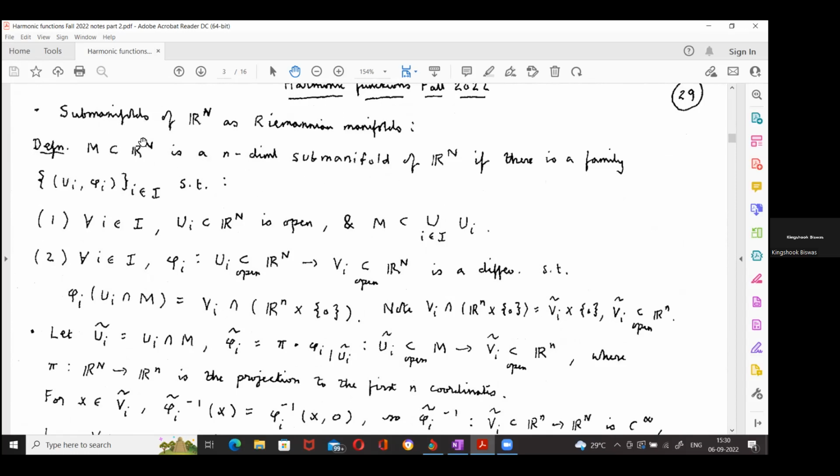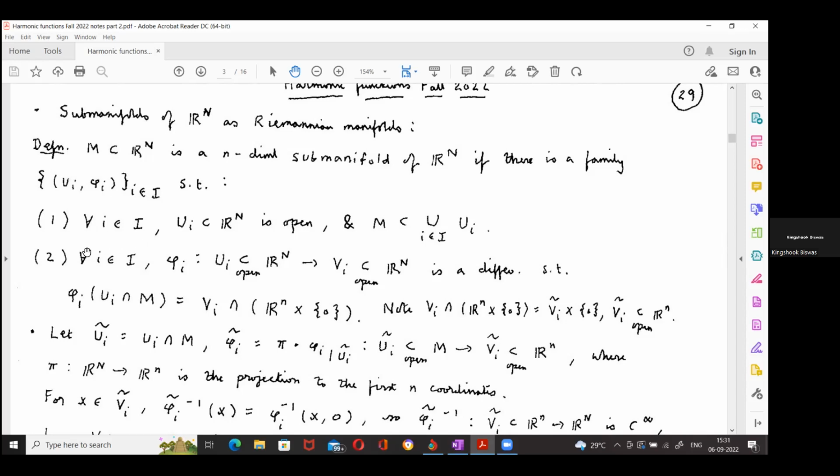Here N is a capital N. A subset M of R^N is called an n-dimensional submanifold of R^N if the following holds. There is a family (U_i, phi_i) such that each U_i is an open subset of R^N, and M is contained in the union of the U_i's.